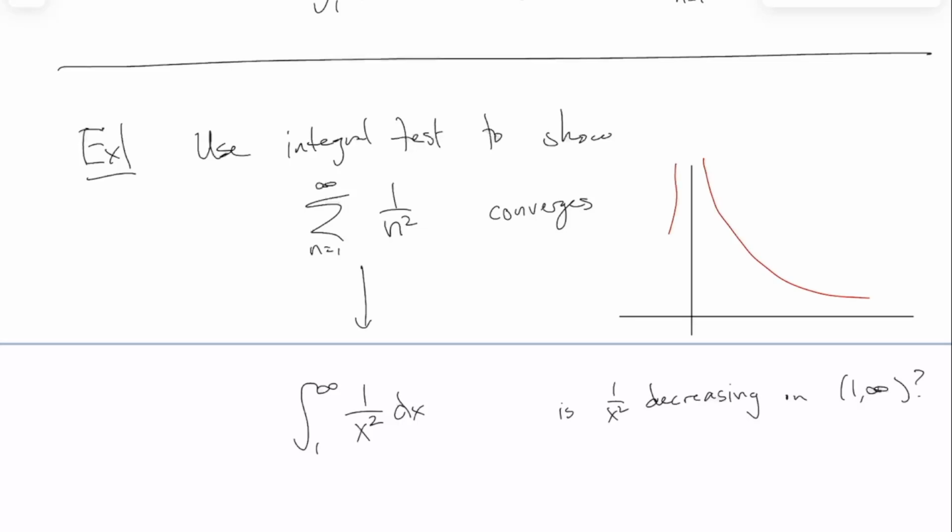This is a graph of 1 over x squared. And I only care about this part of it from 1 to infinity, right? But over there on the right-hand side, it really is decreasing. That means it goes down as you go to the right. All right? So is 1 over x squared decreasing on there? Yes, it is. So we can use the integral test.